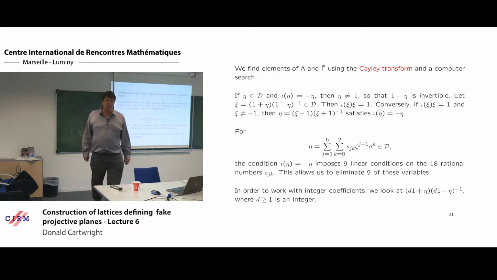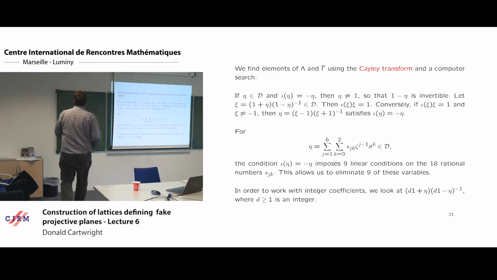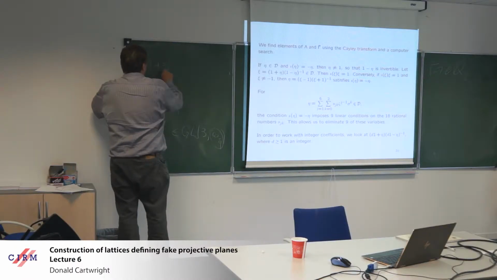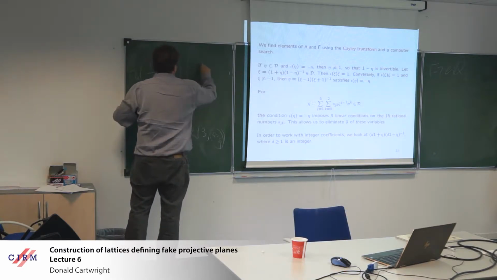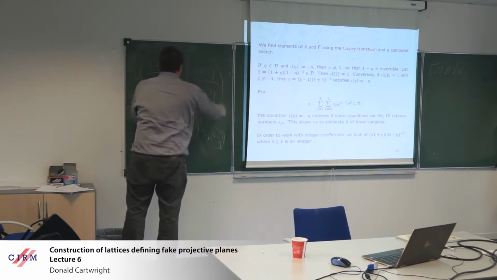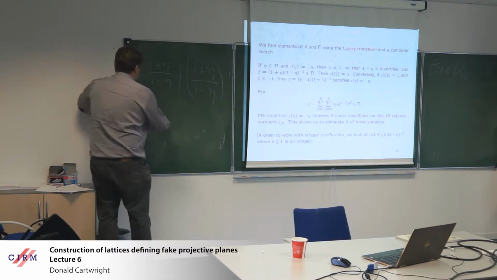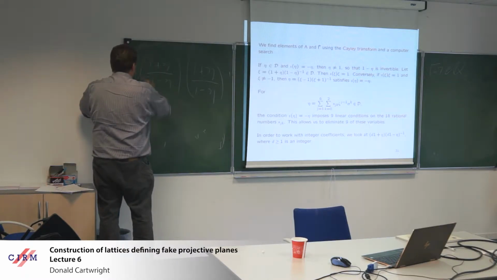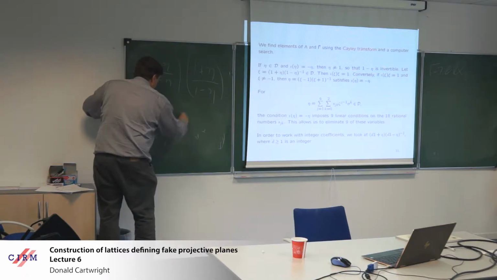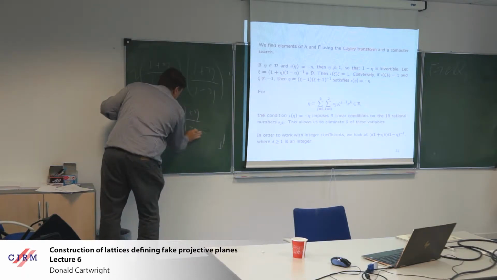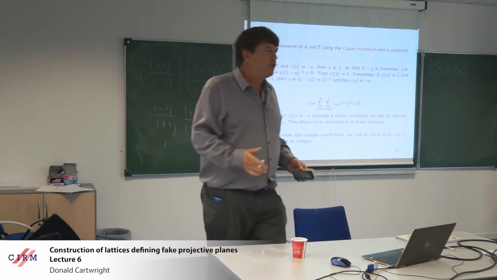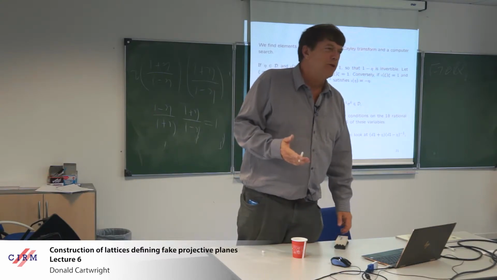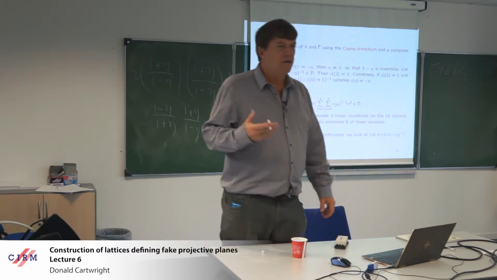And when you apply iota to this and multiply it by itself, you see eta is mapped to minus eta, and everything cancels and you get 1. So this is a way of cooking up elements which are unitary with respect to iota via the skew Hermitian idea.